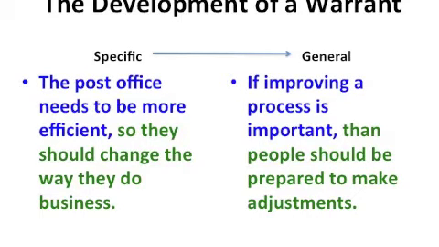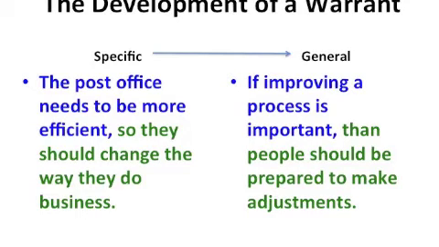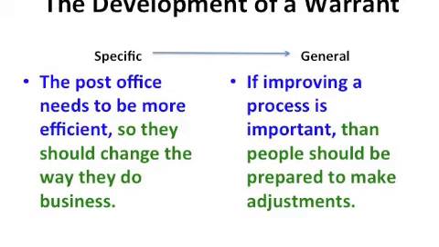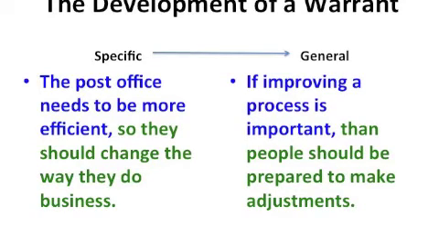It says the post office needs to be more efficient. That is one part. And then the second part, which happens to be in green, is the claim that we established earlier: they should change the way they do business. This is a very specific statement that comes from our work.